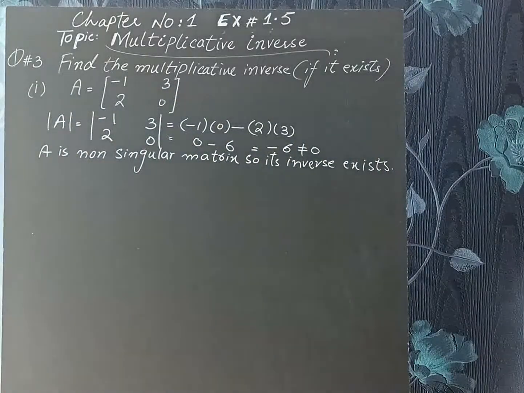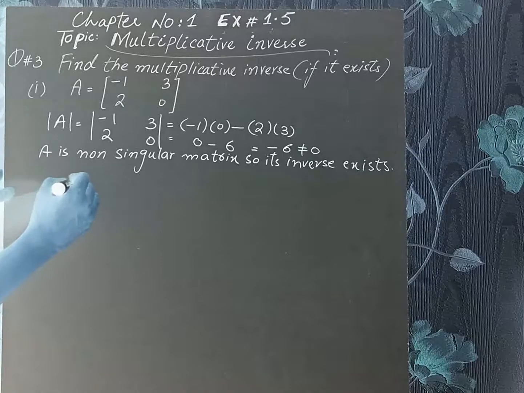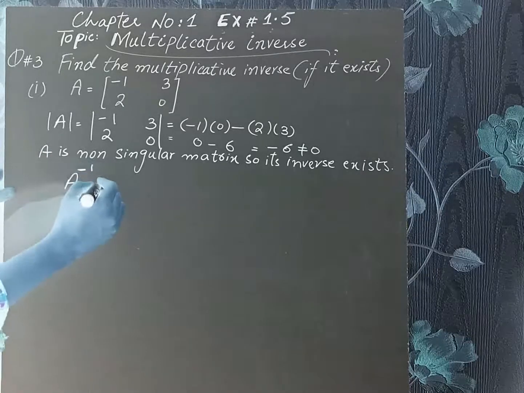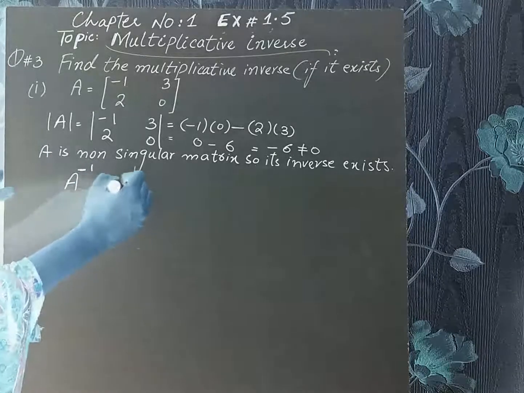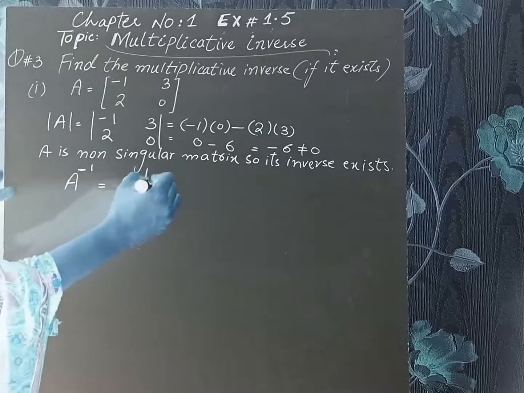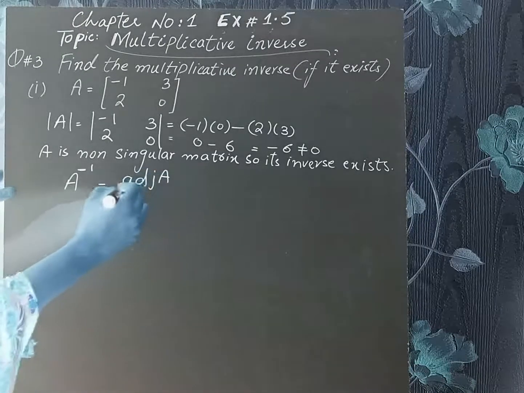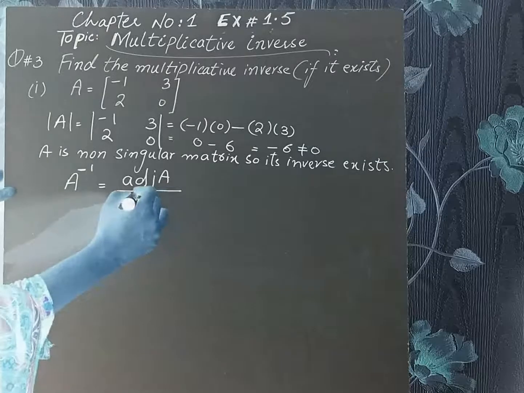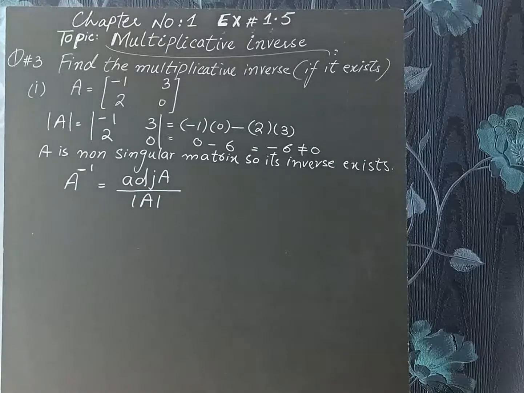Okay, how we will find the multiplicative inverse? The formula to find the multiplicative inverse is, if the matrix is A, the symbol of multiplicative inverse is like this. And the formula is adjoint of A over determinant of A. This is the formula of multiplicative inverse.